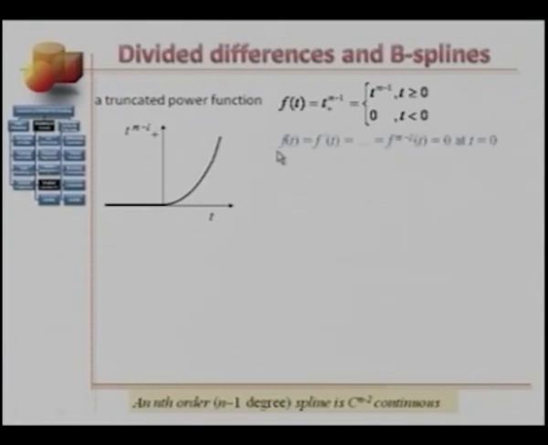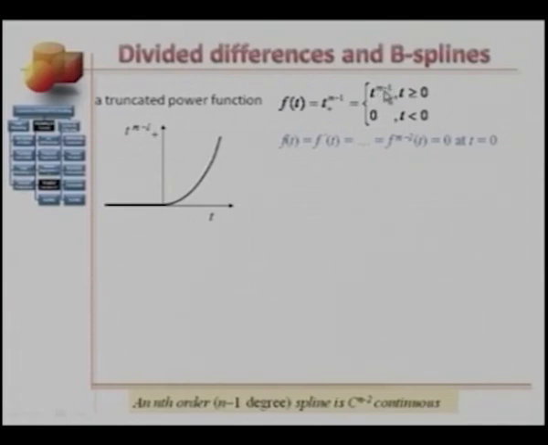Look at the value of this function, the first derivative, the second derivative, up till the m minus 2th derivative of this function. Try to compute the derivative from the left hand side and the derivative from the right hand side. For values of t greater than 0, since this is a pure polynomial, the first derivative will be m minus 1 times t^(m-2).